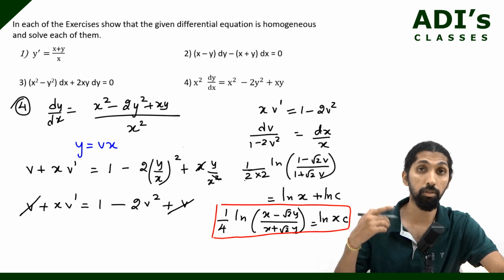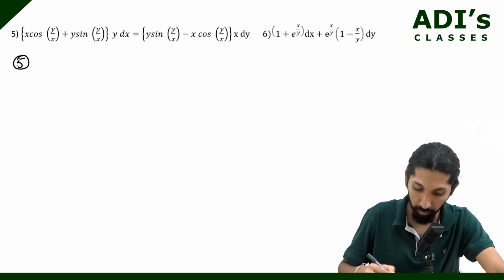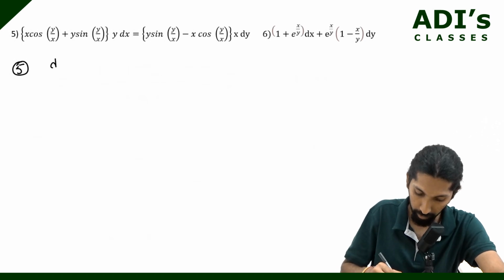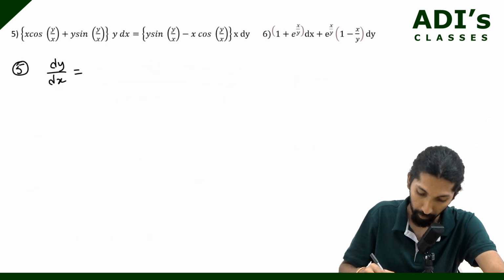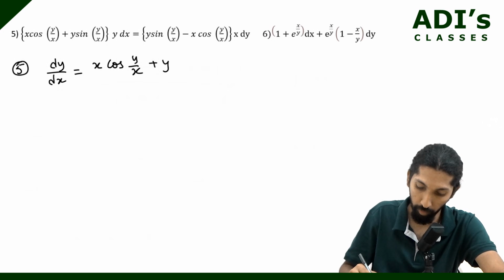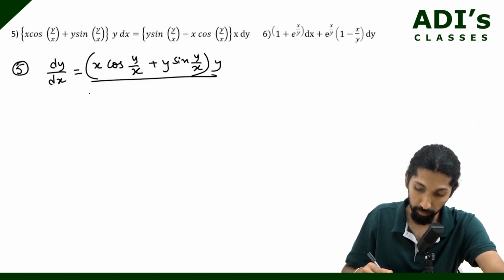Now let's do the fifth one. dy by dx is equal to x into cos y by x, y into sine y by x, this into y by x. So the next one is what? x into y sine y by x minus x cos y by x, correct?